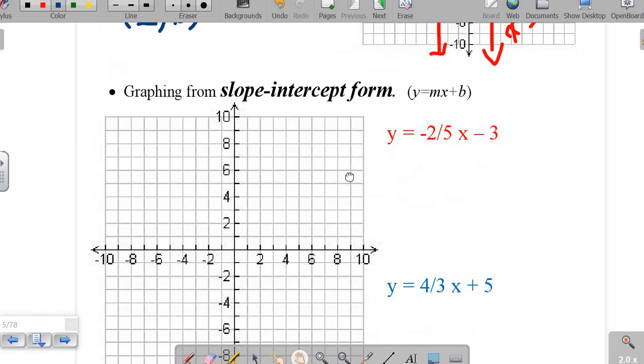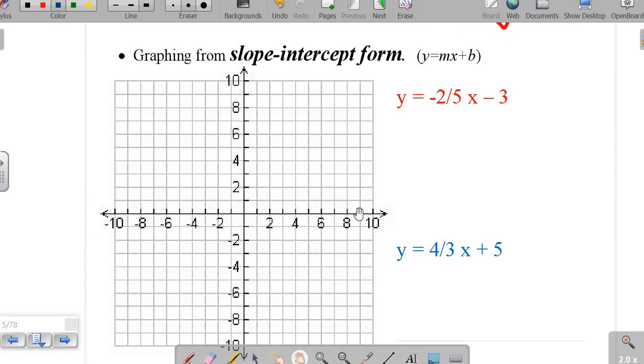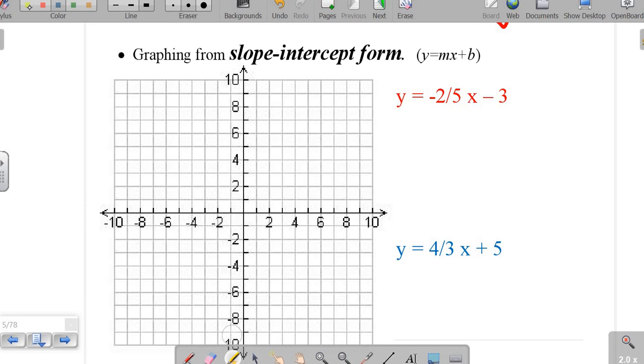Then you have the most popular form, which is slope-intercept form. Slope-intercept is when you have a slope and a y-intercept. So when we say intercept, we mean where the line crosses the y-axis.